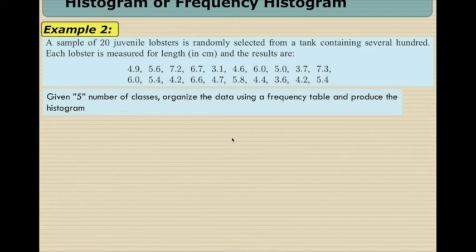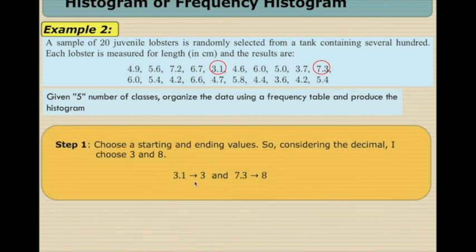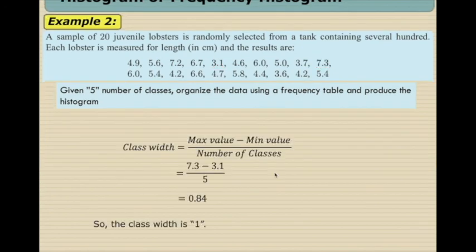Okay, step 1, always pick convenient starting and ending values. The lowest value is 3.1, highest value is 7.3. So the starting value would be 3 and ending value would be 8. Then we can use this formula to find the class width.